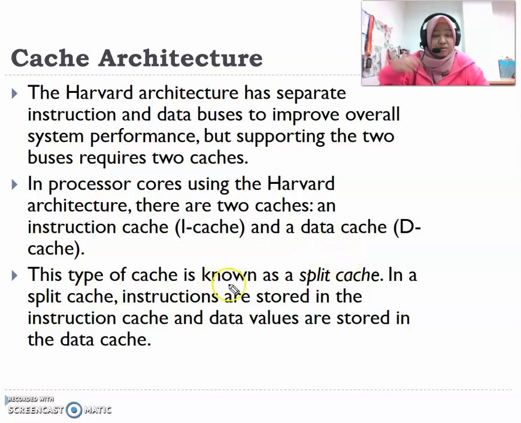So just now, the one cache we call a unified cache, and this kind of cache is known as a split cache. These are the different cache types depending on the architecture of a computer system.